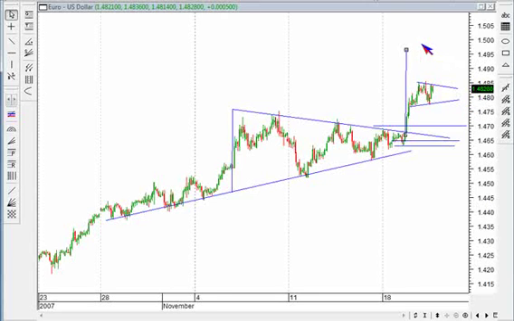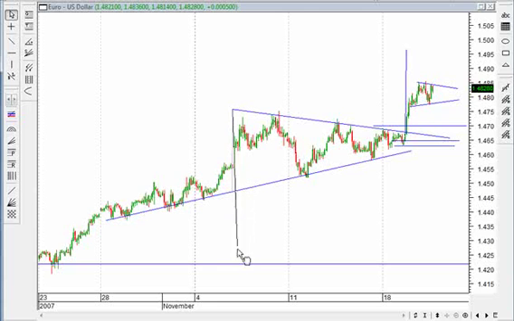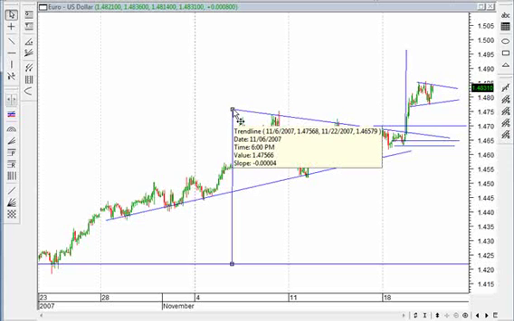The second price target, if it keeps moving past that level: this uptrend, or at least this segment of this uptrend, began right down here. So you could extend this pole from where the uptrend began to where the top of the pennant is formed.